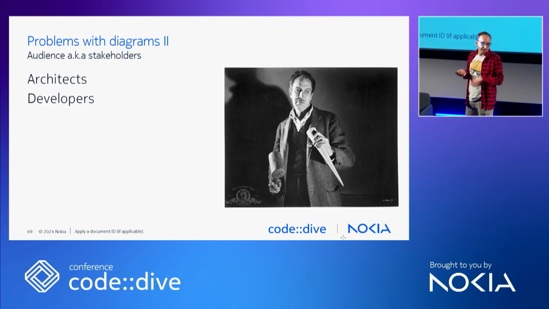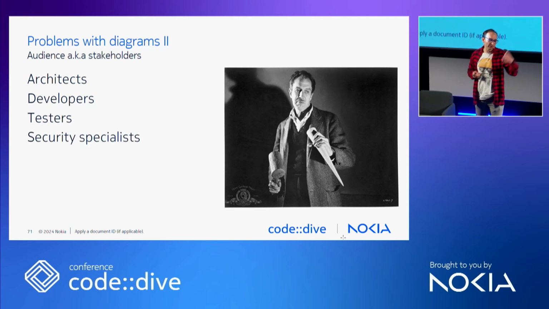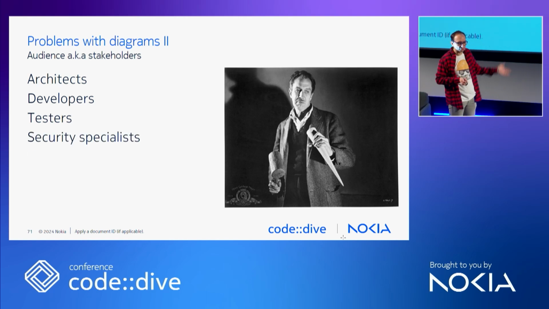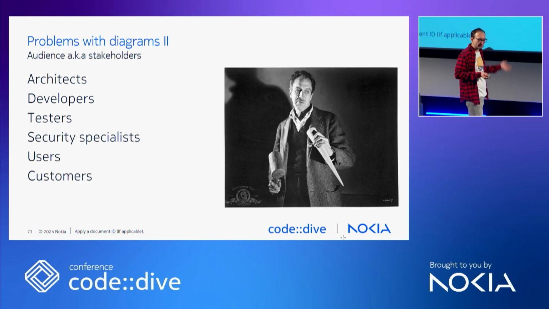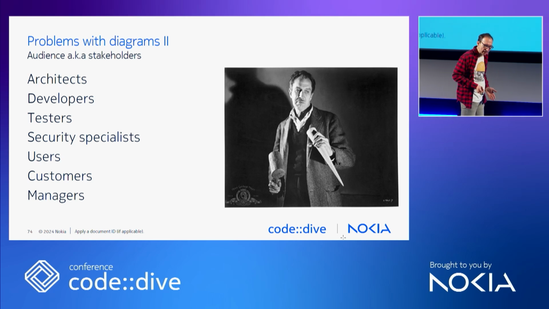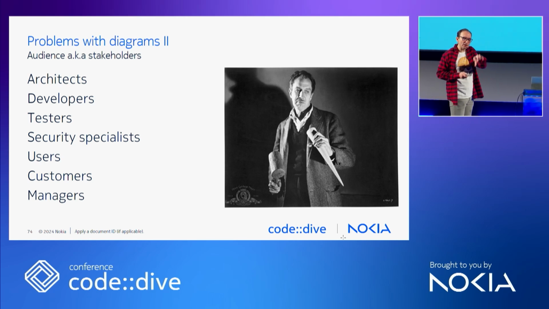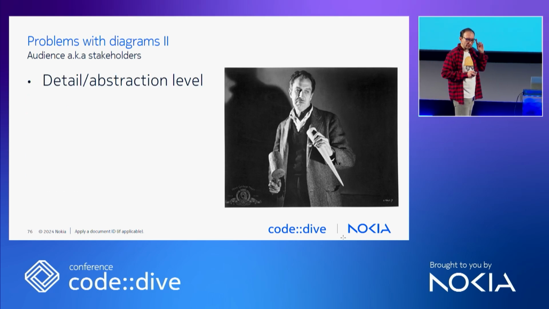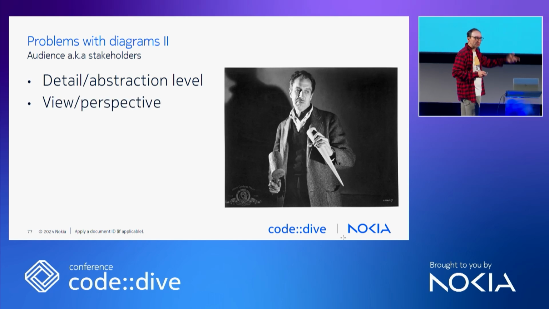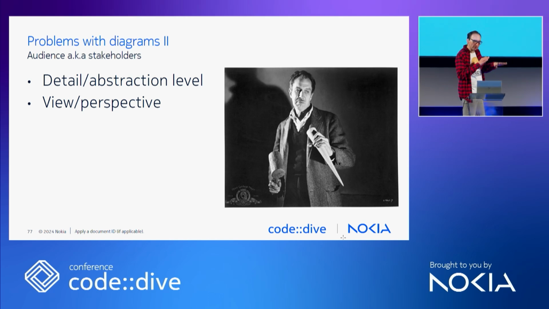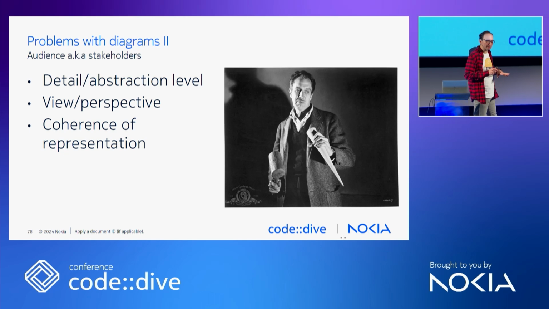So fellow architects, developers, testers, security specialists, sometimes customers, users, of course managers, always. And for every audience, you need different detail level, different abstraction level, different view, different perspective. When you change view or change perspective, you need to maintain so-called coherence of representation, so you don't confuse your audience.